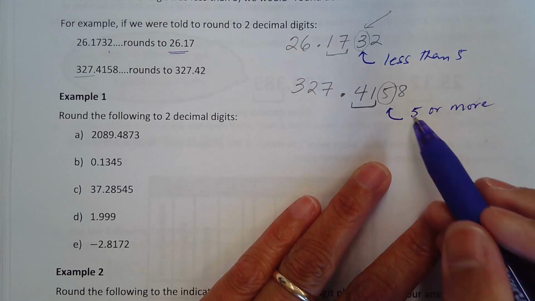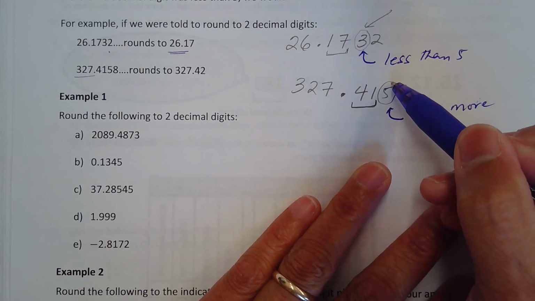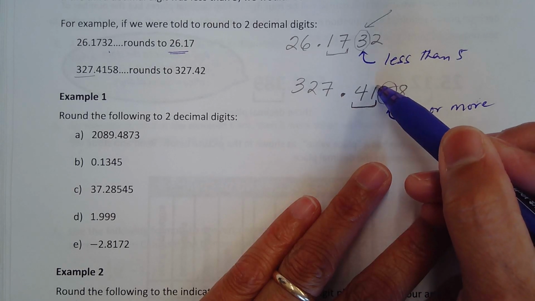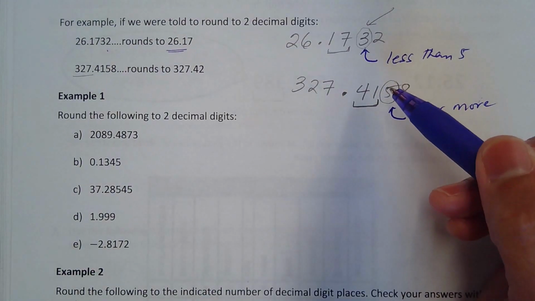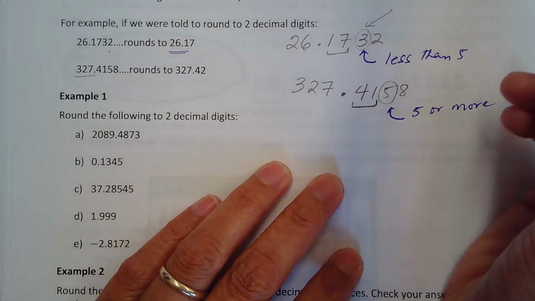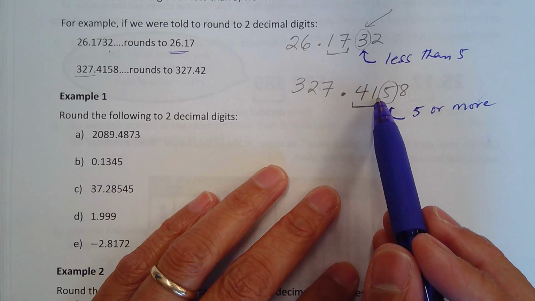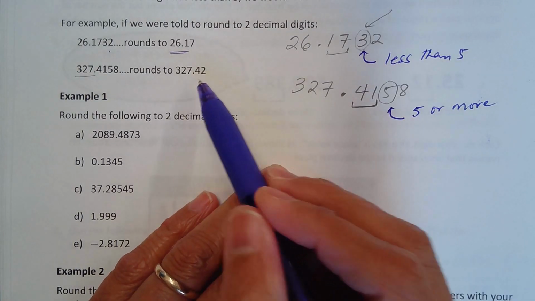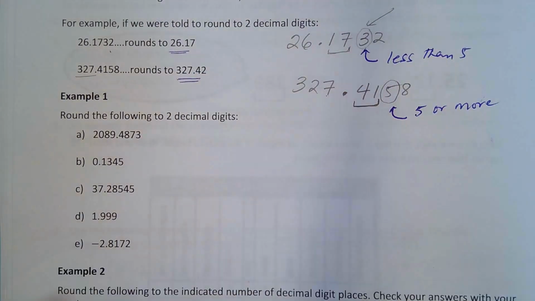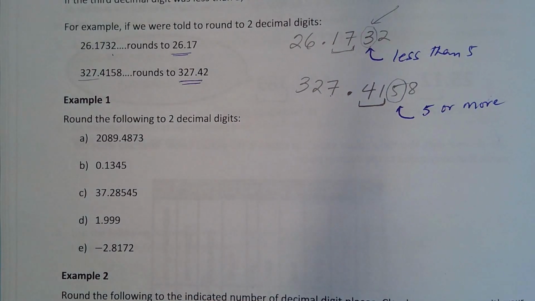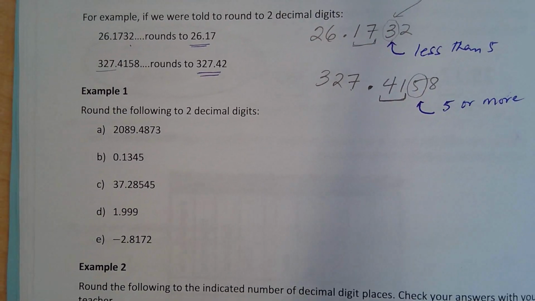Then that means we have enough to round the 1 to the next level up. So it would be rounded up to 327.42. Is that okay?